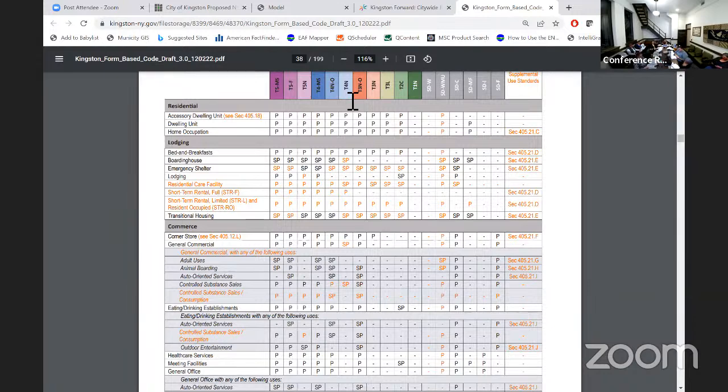And that area was not in the bonus height area, right? There is a bonus height, 4 stories, but not in that special height overlay. Yeah, up to 3 stories, 4 with bonus.